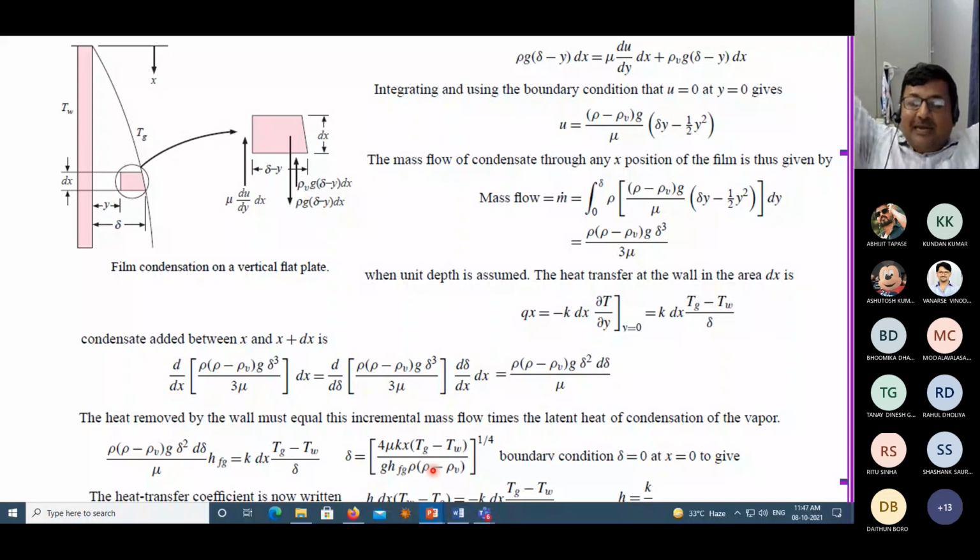Now, can anybody tell me why am I so interested in delta? Let me see how smart you are. Why am I breaking my head over a film-wise condensation process to get the delta? What will be my next move? Let me see how good a chess player you are. Why am I so interested in delta?